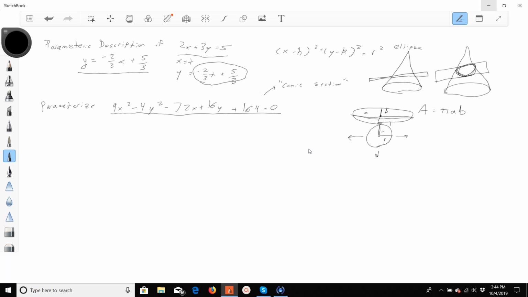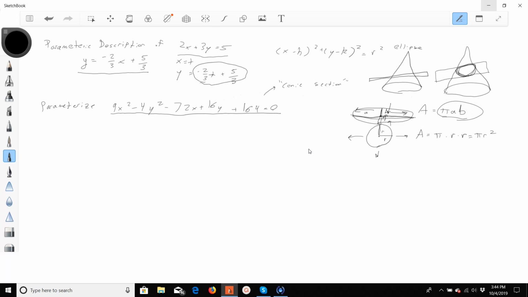One axis is longer than the other. For a circle, the area is pi times R times R, pi r squared. Here in an ellipse, it's the same thing. You're just making one axis longer and then shortening the other. That's how I've always remembered it.